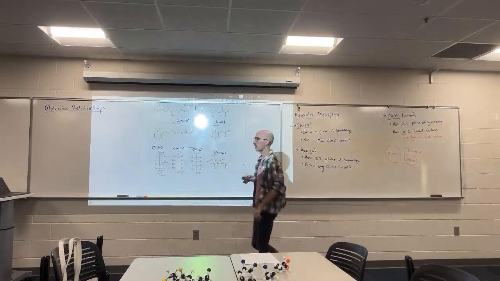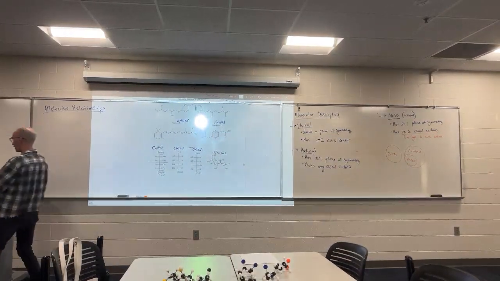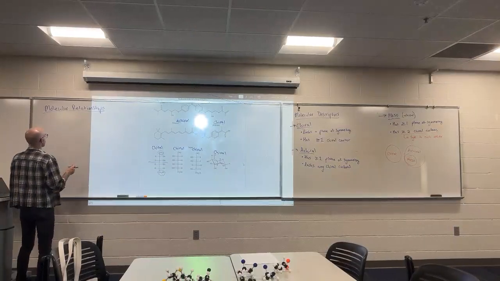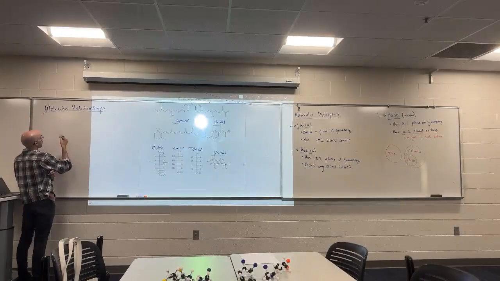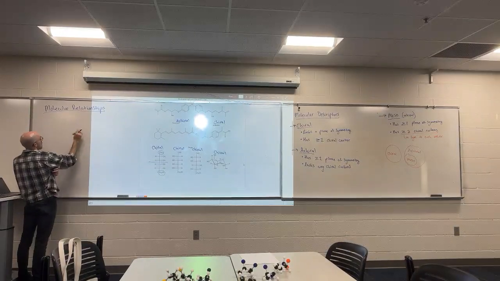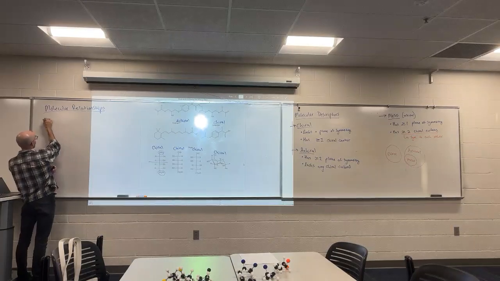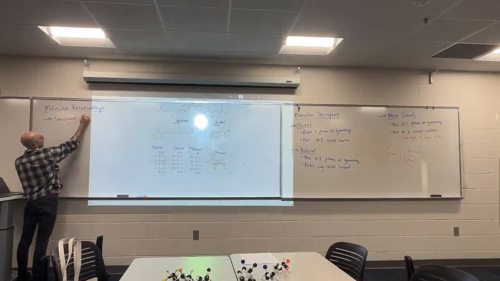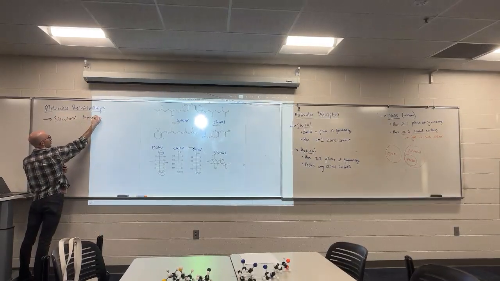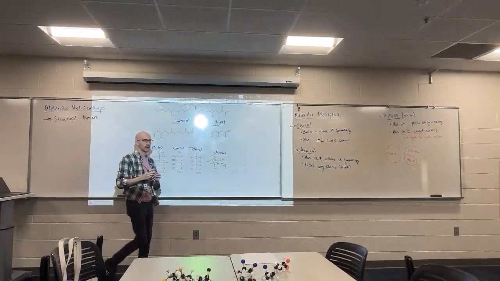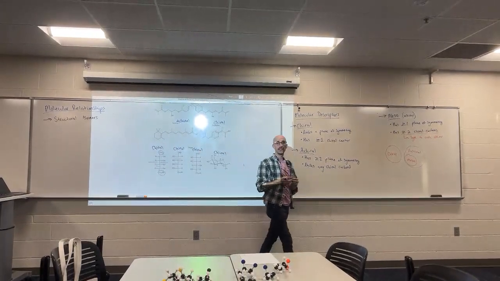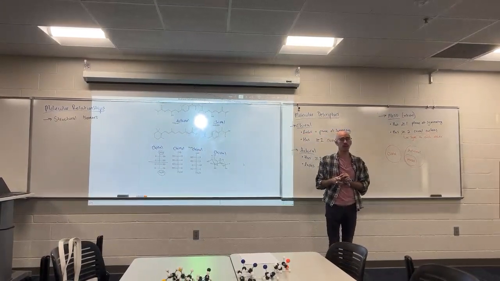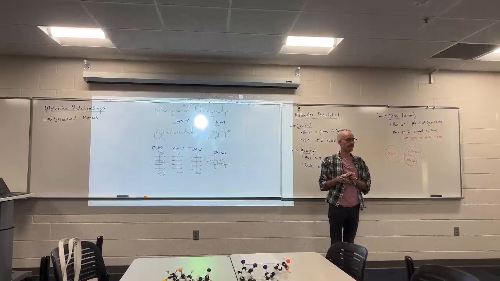We've actually already talked about molecular relationships to an extent. We said that compounds that share the same chemical formula but have different connections are structural isomers. That's a relationship. Same chemical formula, different connectivity.